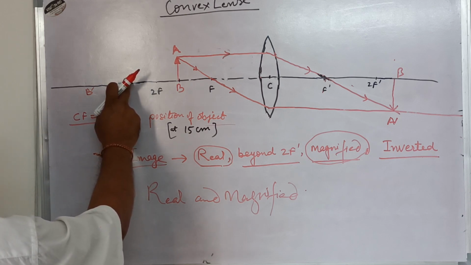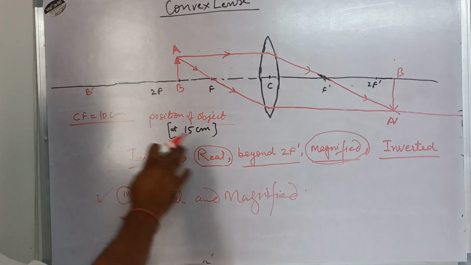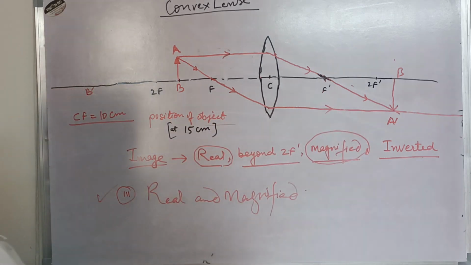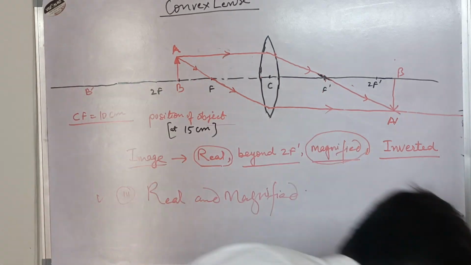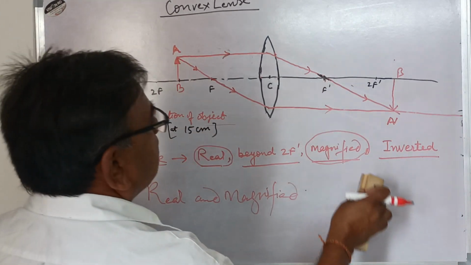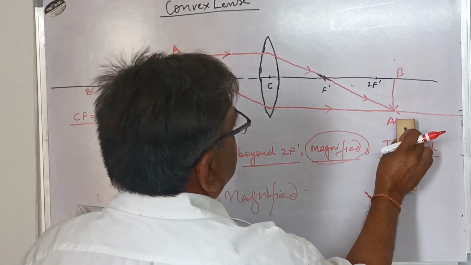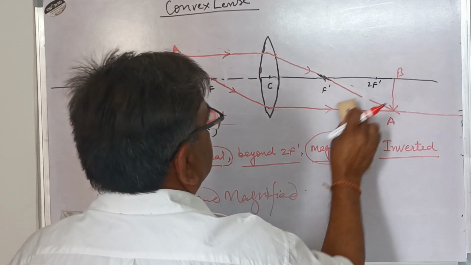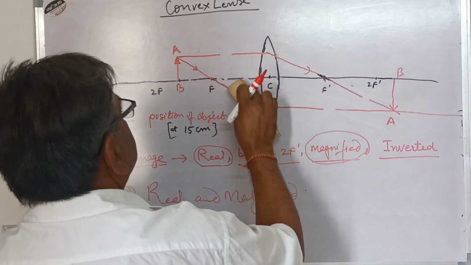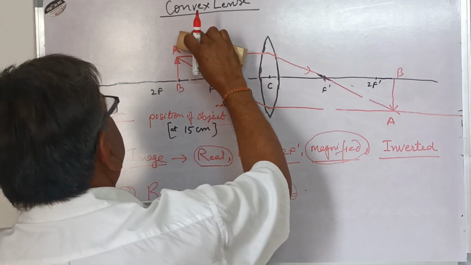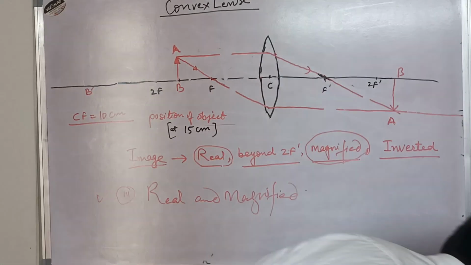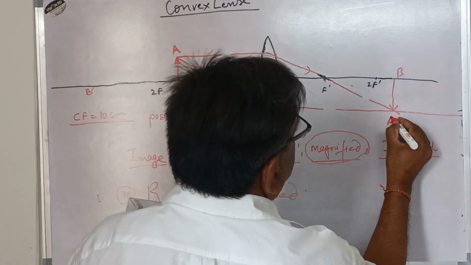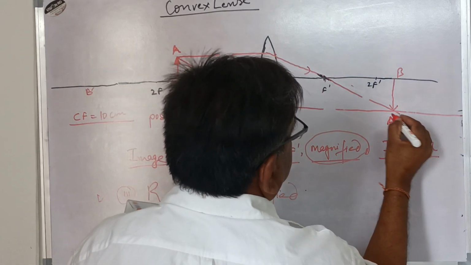You take this figure and reverse the direction of light rays. Very interesting. You take the image as the object here, and your image is put on this side.